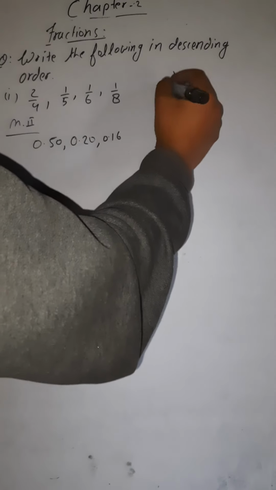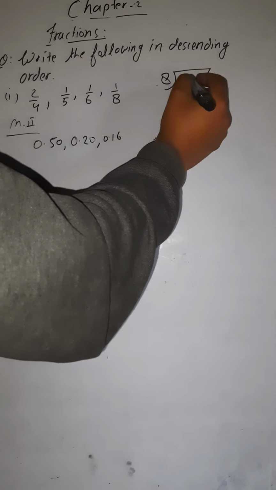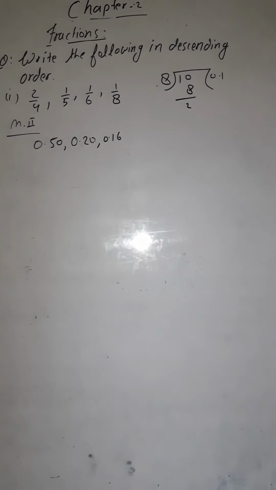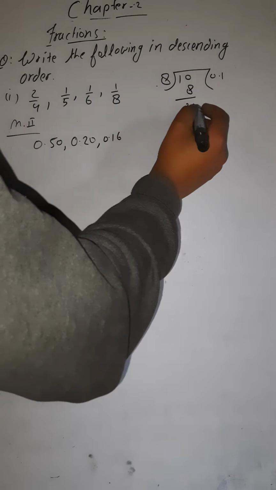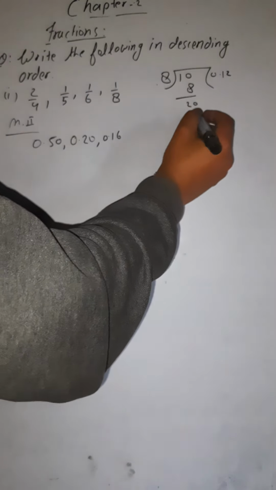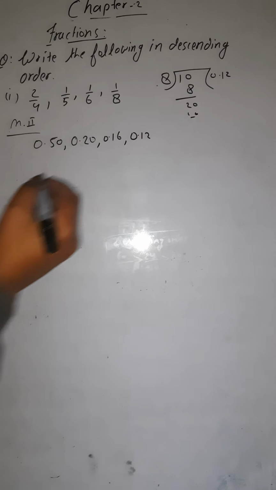Now the next one. Here you are going to divide this 1 by 8. Not divisible, put decimal, then 0. 8 times 1 is 8, 2 remainder, then again 0. 8 times 2 is 16, 2 times going, so 0.12.